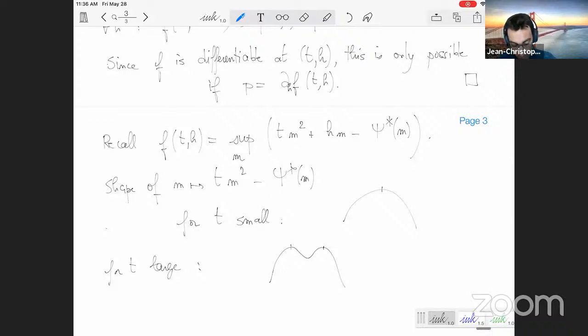But when t is large, it will actually select one of these two points. For h positive, you will be here, and for h negative, you will be here. It is this jump in m which creates the jump in the derivative. Now I have to explain this a bit more.